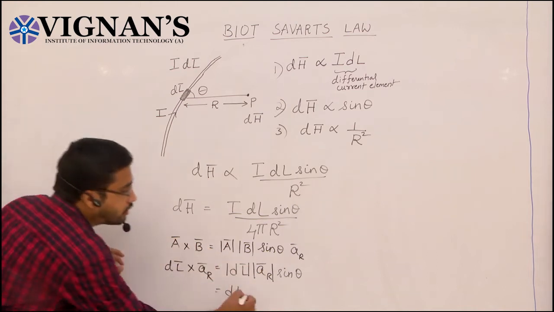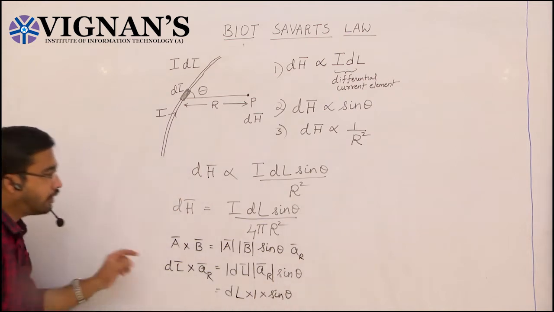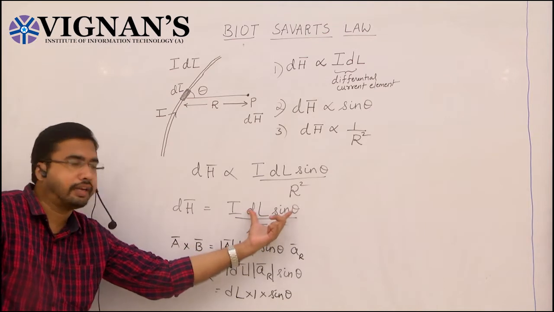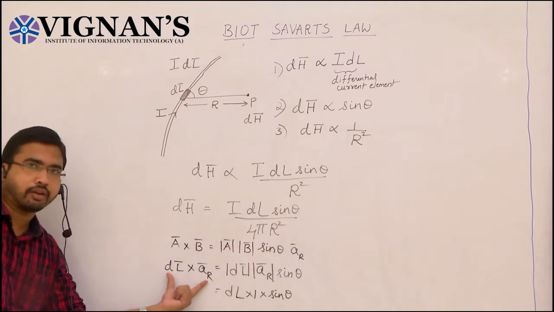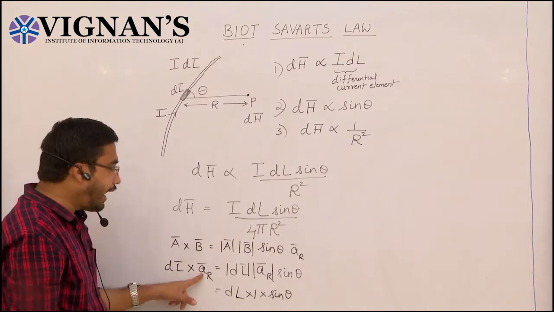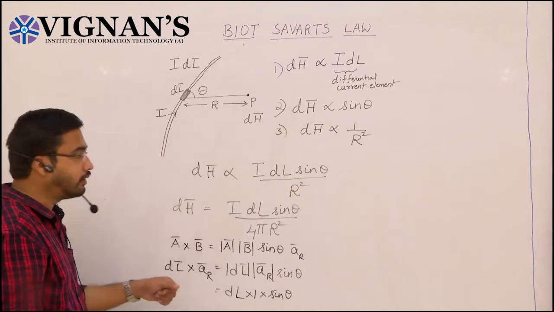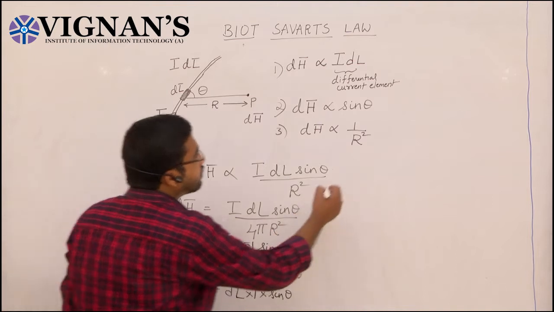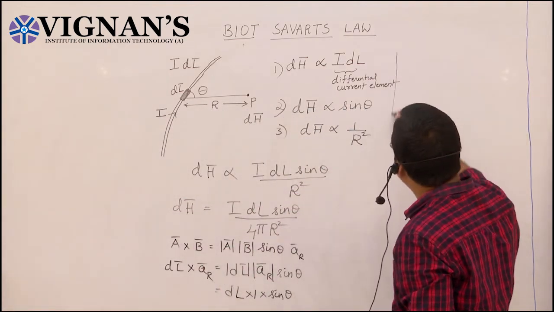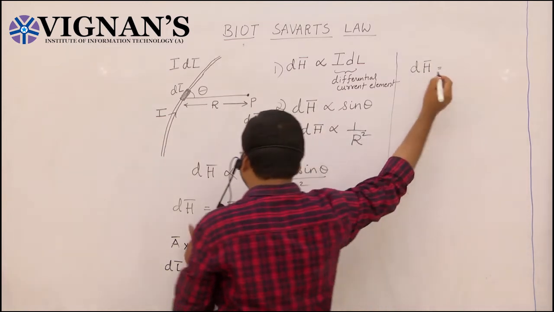Unit vector magnitude is always 1, into sin theta. Now in the place of dl sin theta, can we write dl bar cross ar bar, so that a unit vector will be included and the direction of the differential magnetic field intensity can also be obtained.